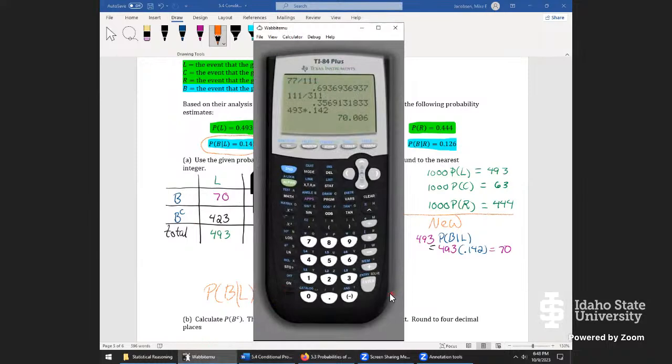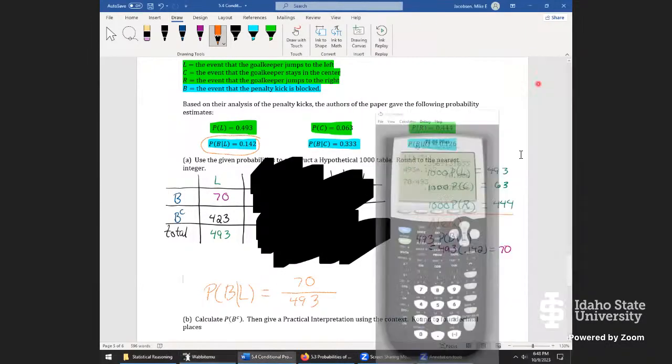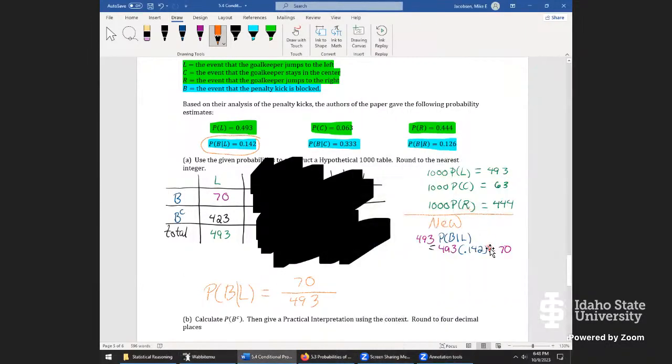Now, if we take 70 divided by 493, we get a probability of 0.141, rounding to 0.142, which we really are expecting. So if we do this interesting new number game, we're really doing that probability computation in reverse, giving us that number 70 right here.